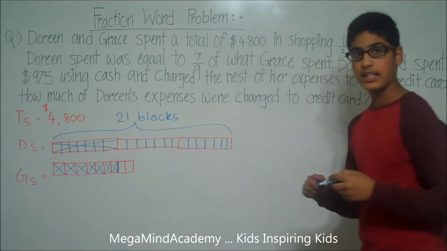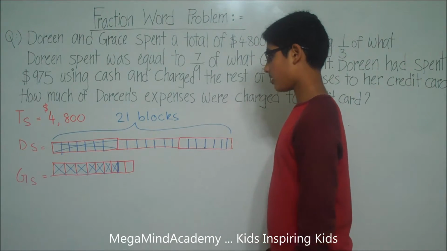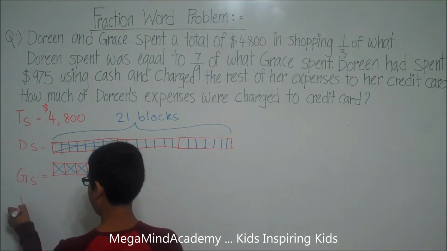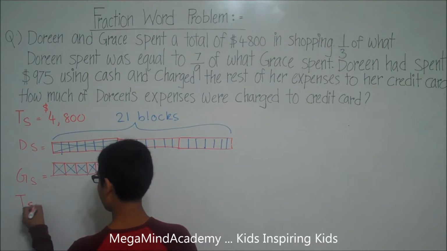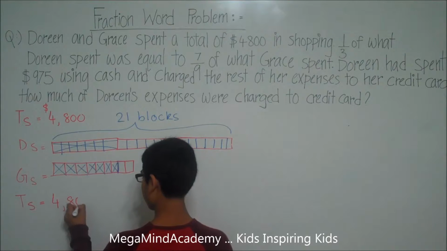So this means that Doreen spent 21 blocks. Now we know that the total spent, T for total, S for spent, is equal to $4,800.